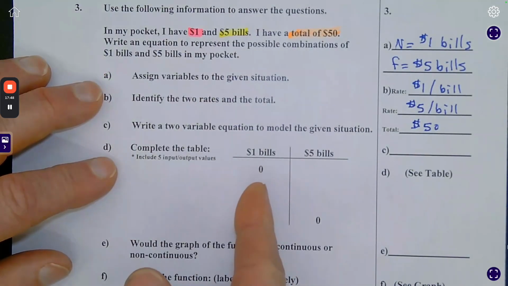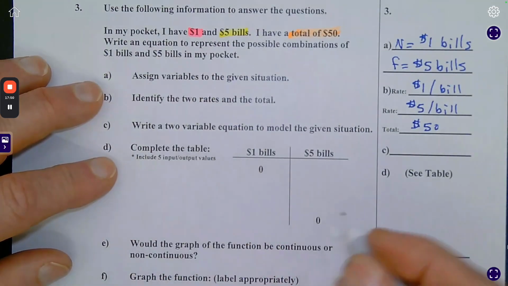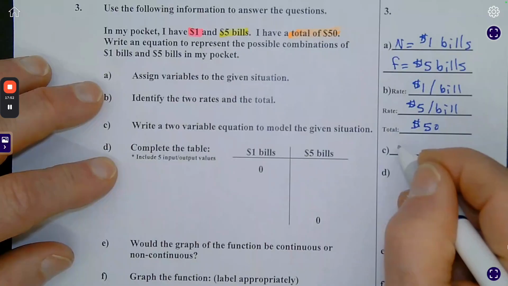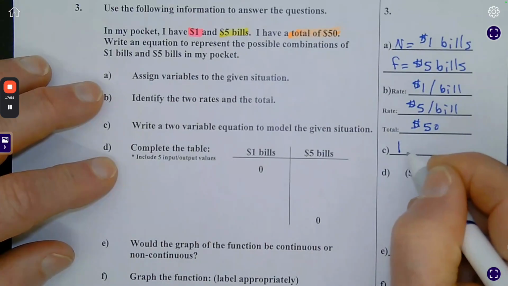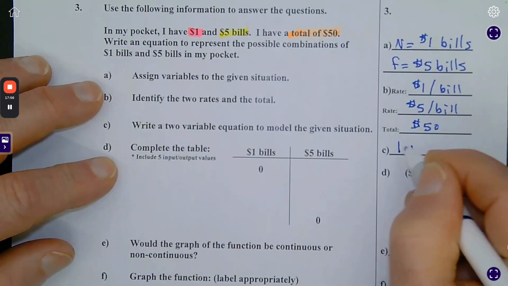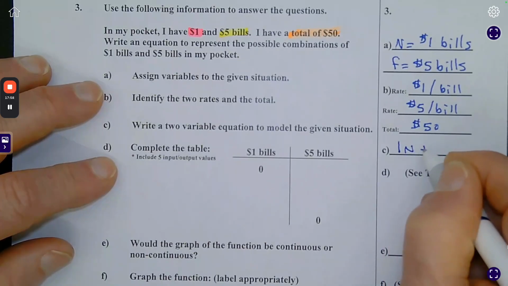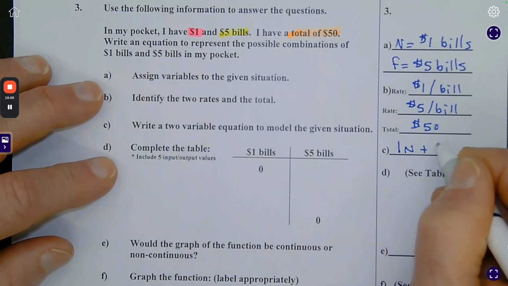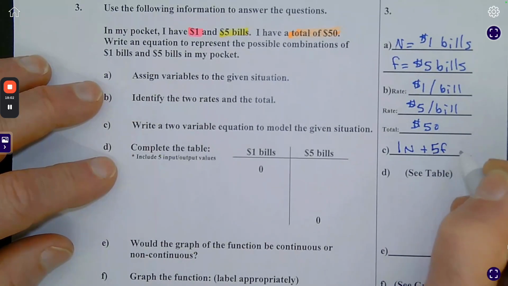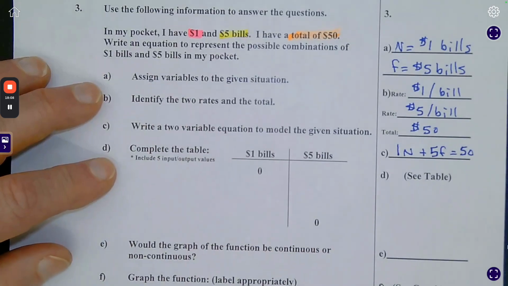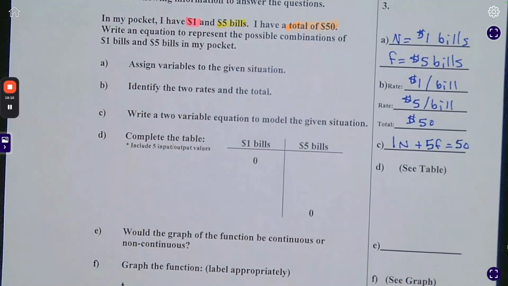Look, if I have 0 $1 bills, well, first let's write an equation. $1 times every $1 bill is going to give me a total of money of ones, plus $5 for every $5 bill is going to give me a total for $5 bills, and I want a total of 50 with those two combined.